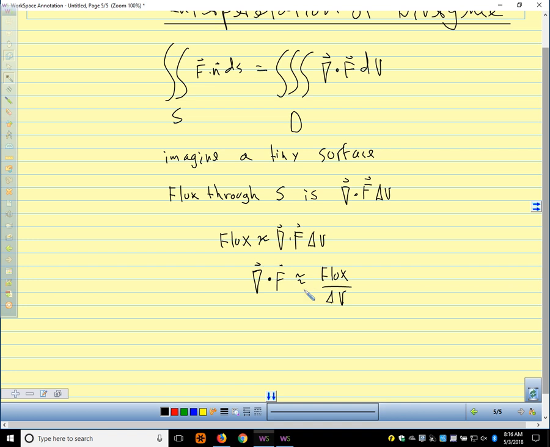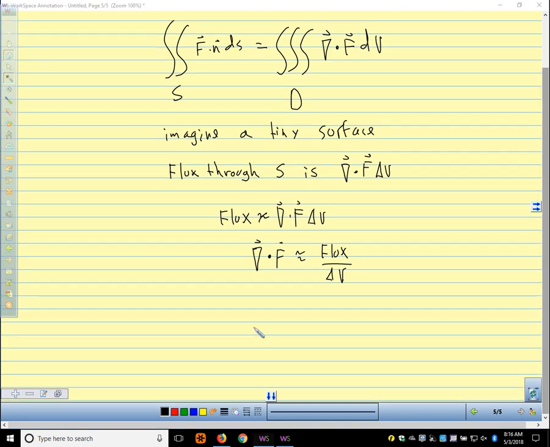If we let delta V become very small, in the limit, and this is kind of argument by vigorous hand waving here. We're not being really technical. We're not doing mathematics. We're saying, well, if you think about it, this makes sense.